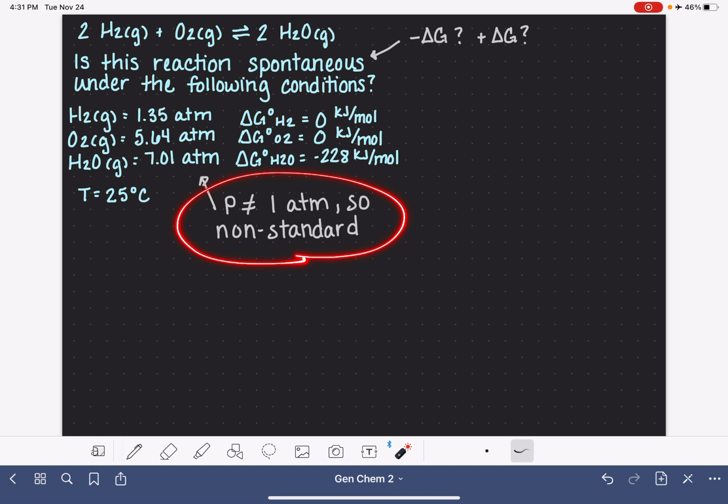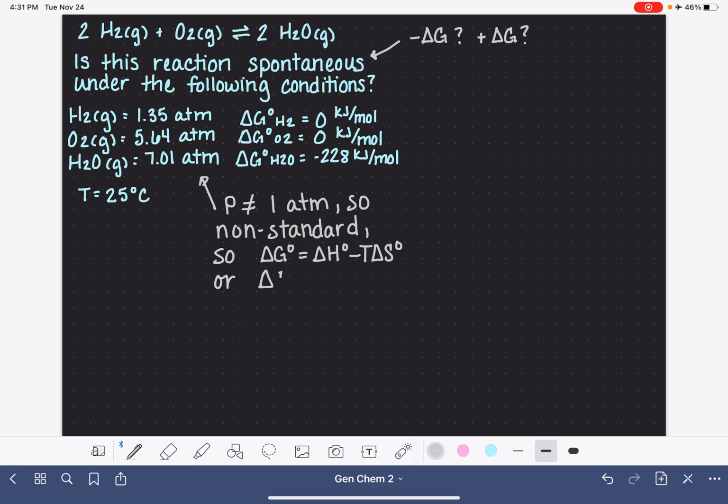Because we have non-standard conditions, that means that we cannot use the easy ways of calculating delta G. For example, delta G equals delta H minus T delta S, or Hess's law, delta G equals products minus reactants. Those are not allowed.